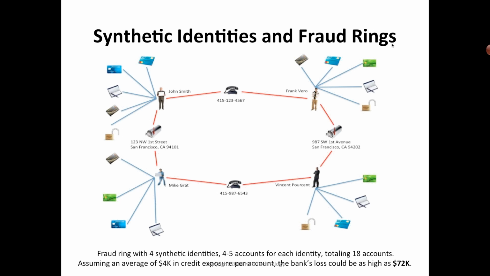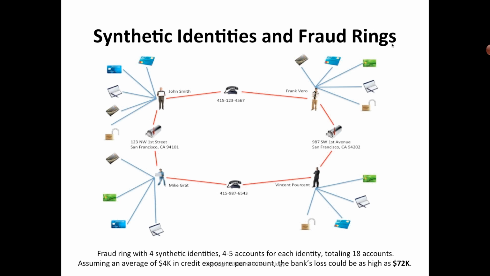Let's talk a little bit about synthetic identities and why that is important. When fraudsters organize their rings, they know very well that the more people in the ring, the more potential for somebody to get caught, go to the police, rat, brag, and the police catching up with them.